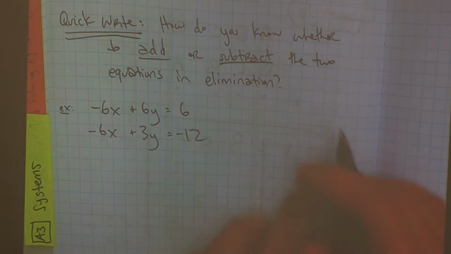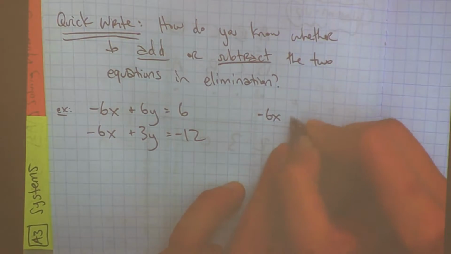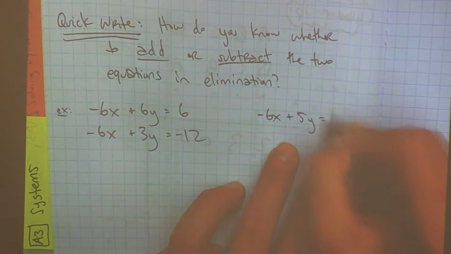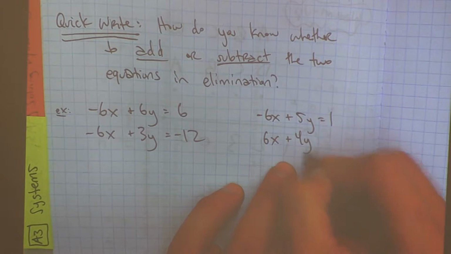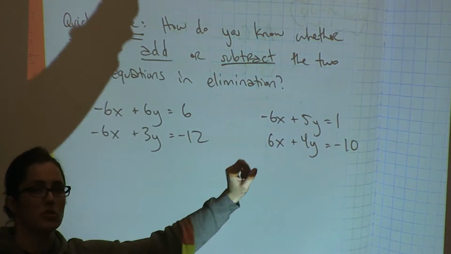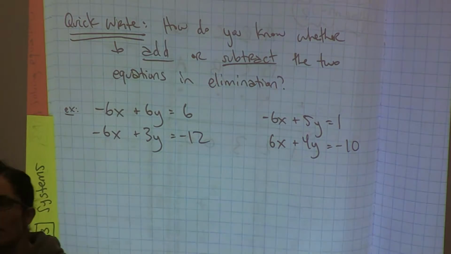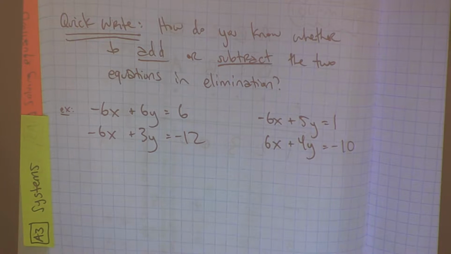And here's my second example. So if I'm comparing these two examples, how would I know? How would I decide whether I want to add the two equations or whether I want to subtract the two equations?